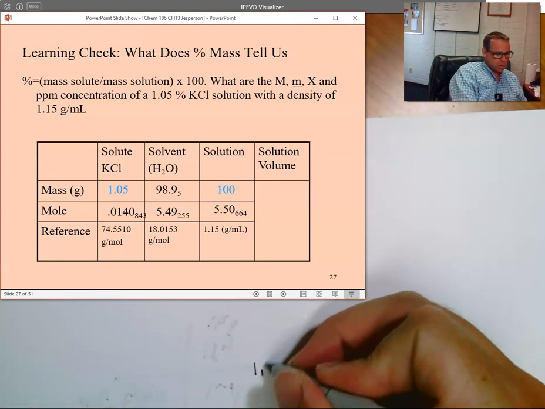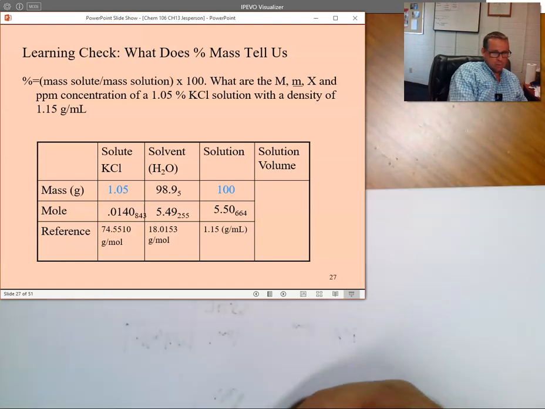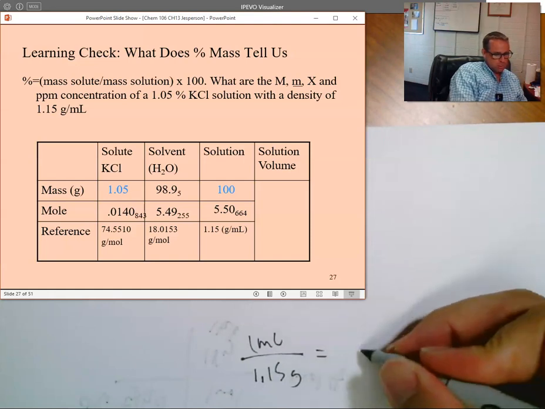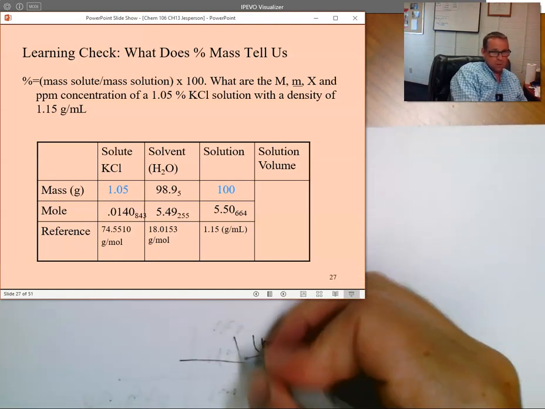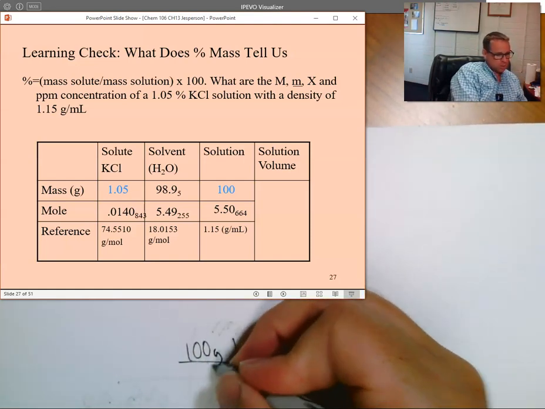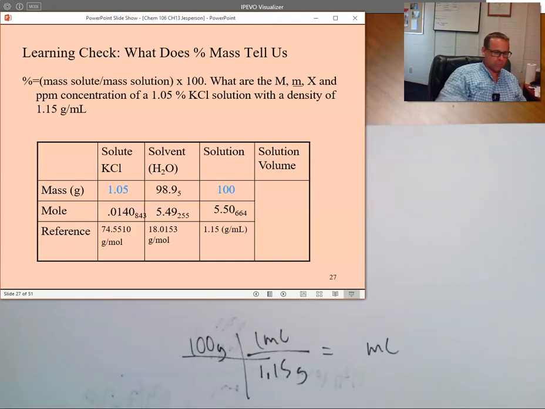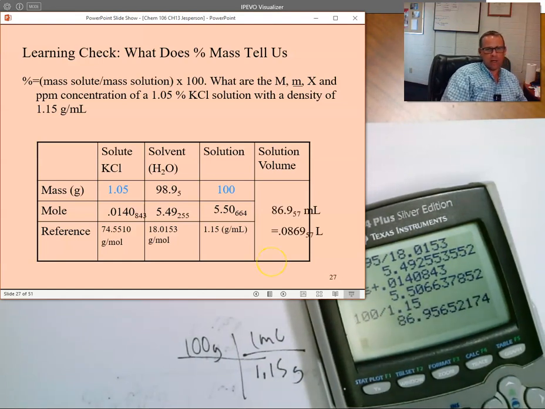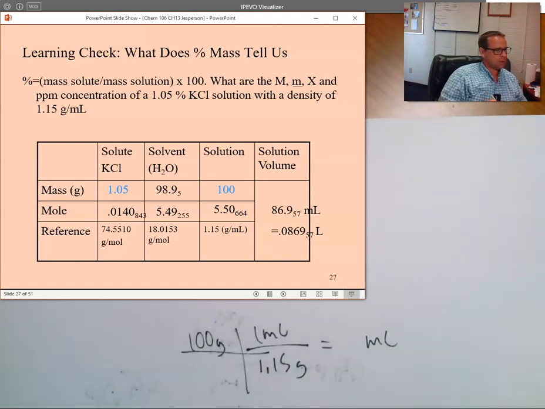So there's 1.15 grams for every milliliter, and we want milliliters, and we start with 100 grams of solution. 86.95 milliliters of solution.